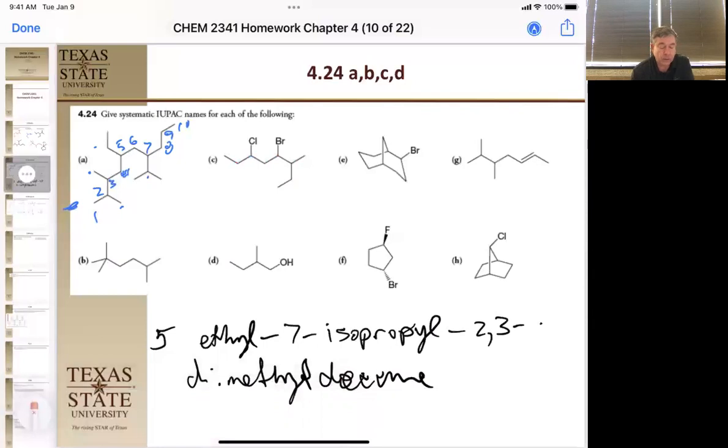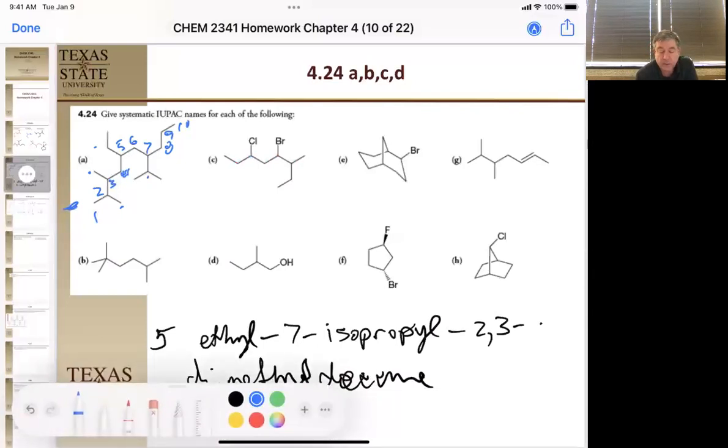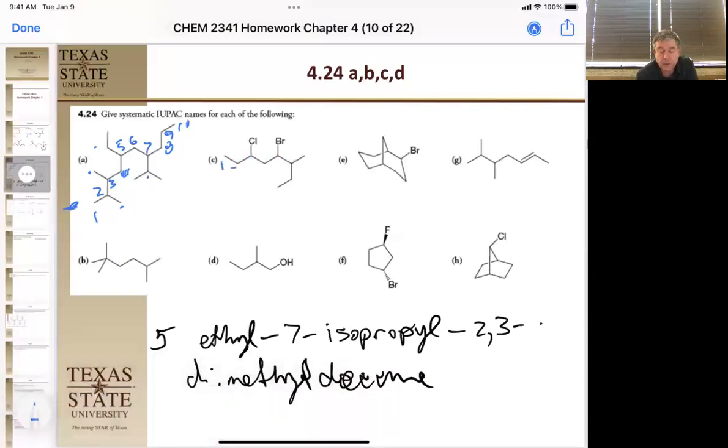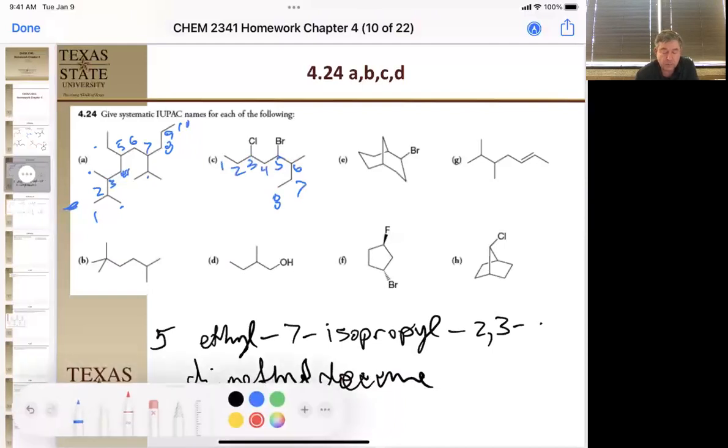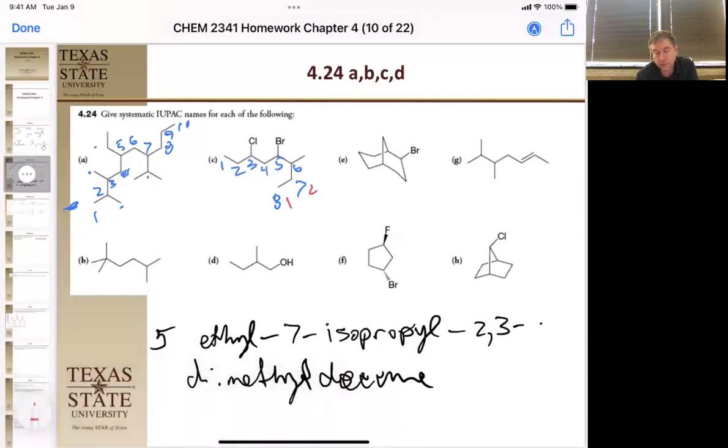Now we need to find our lowest numbering right here. If we start from this end, we're going to have 1, 2, 3, 4, 5, 6, 7, 8. If we start from the other side, we're going to do 1, 2, 3, 4, 5, 6, 7, 8.